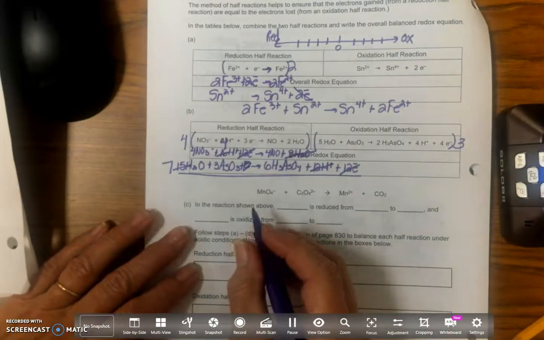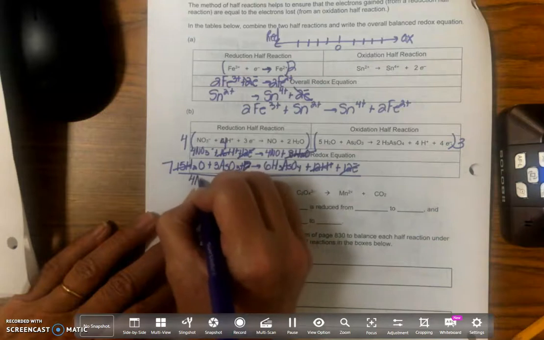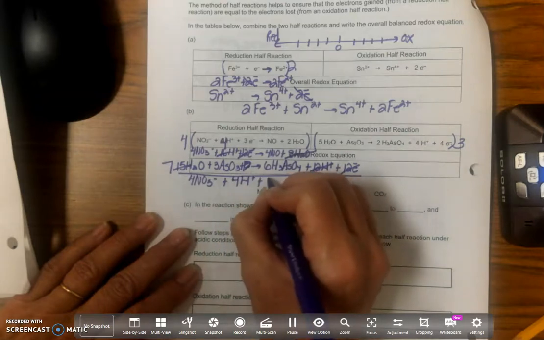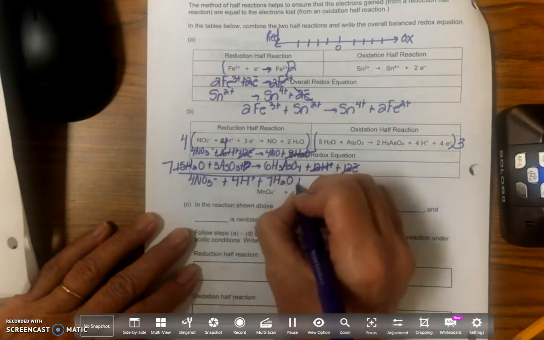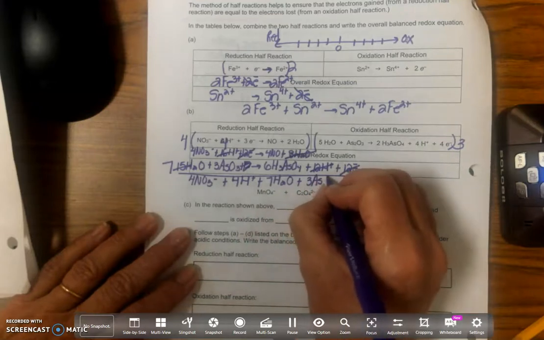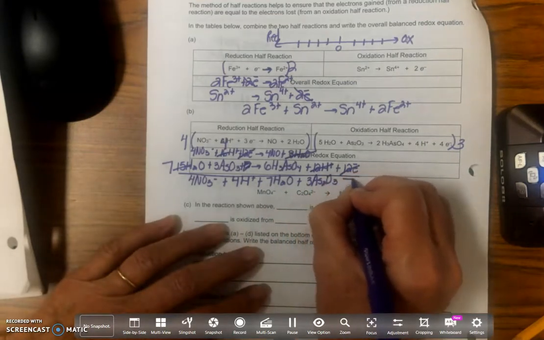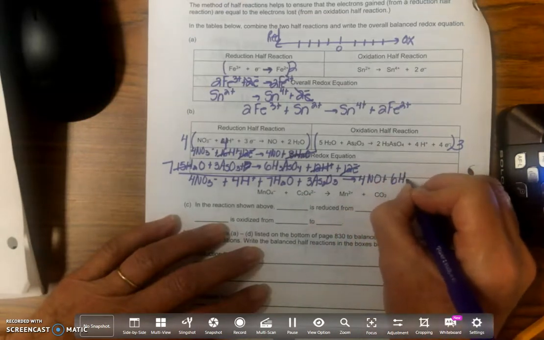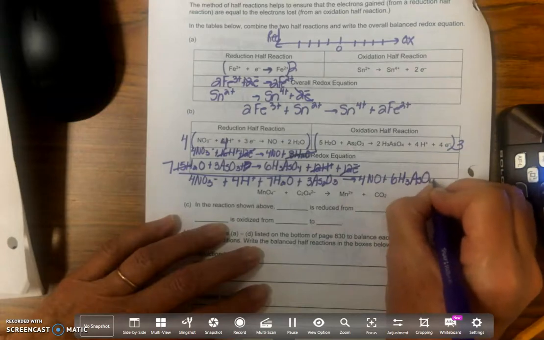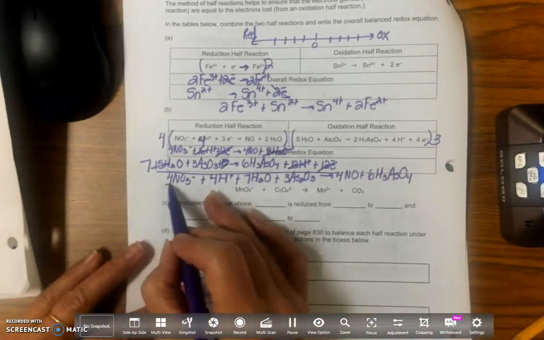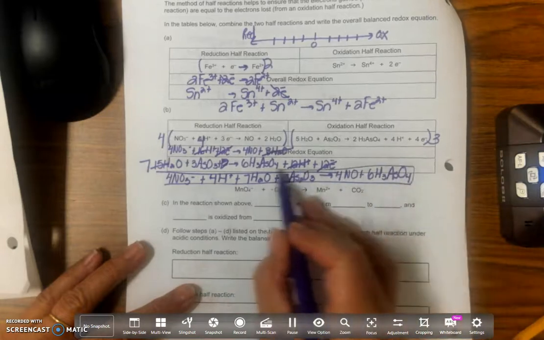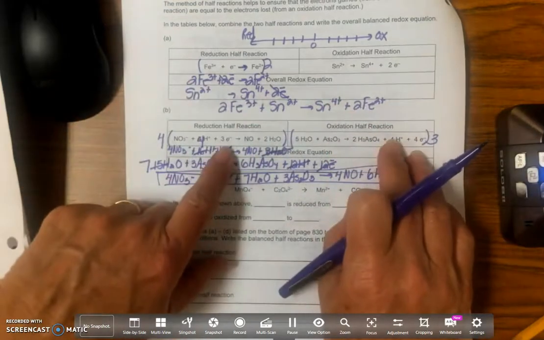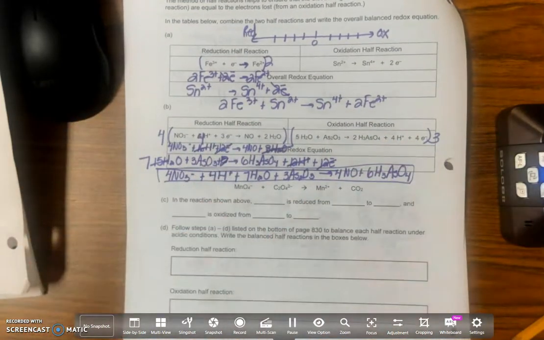So if I add all this together, I get 4NO3- plus 4H+ plus 7 waters plus 3As2O3 goes to 4NO plus 6H3AsO4. Wow, that's a lot. Okay. Pull out the reduction, pull out the oxidation, use the electrons to balance, and there I have it.